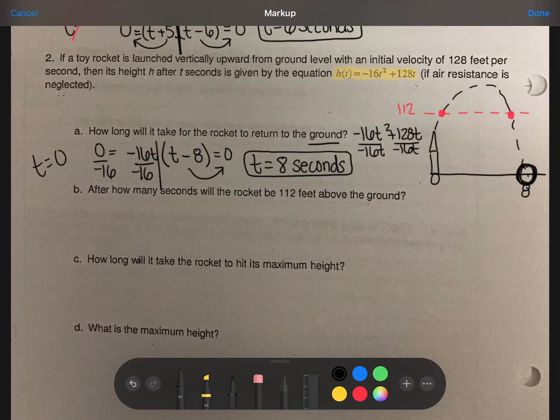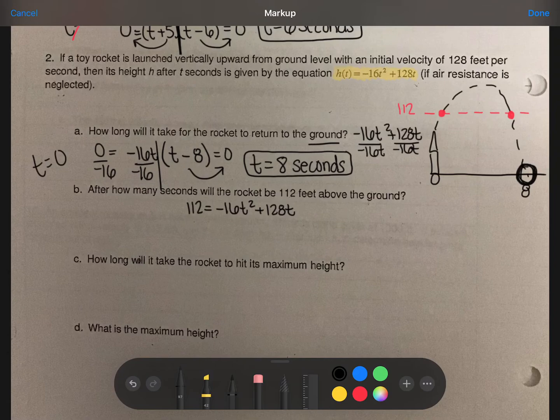So h of t is 112 equals negative 16t squared plus 128t. To solve this, you need to set it equal to 0, and then you can factor it, use the quadratic formula, or complete the square. It doesn't matter your method. You would still end up with the same answer.